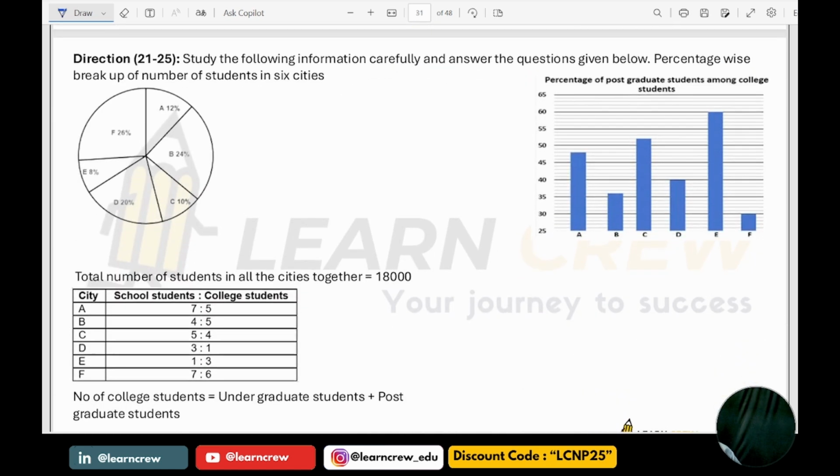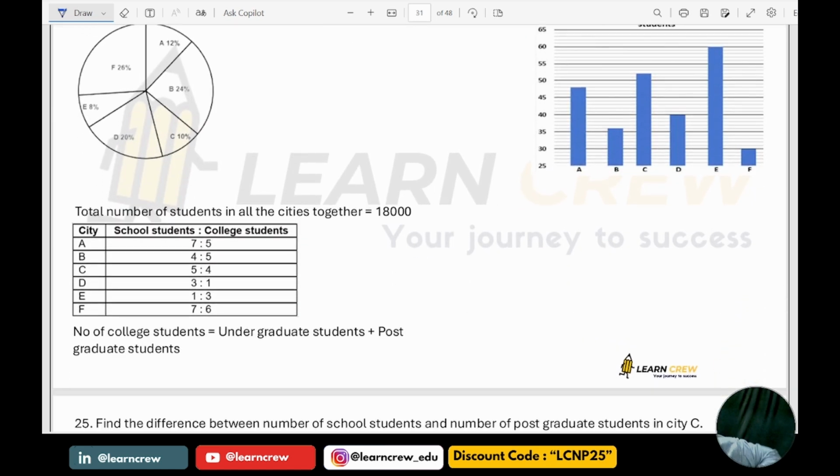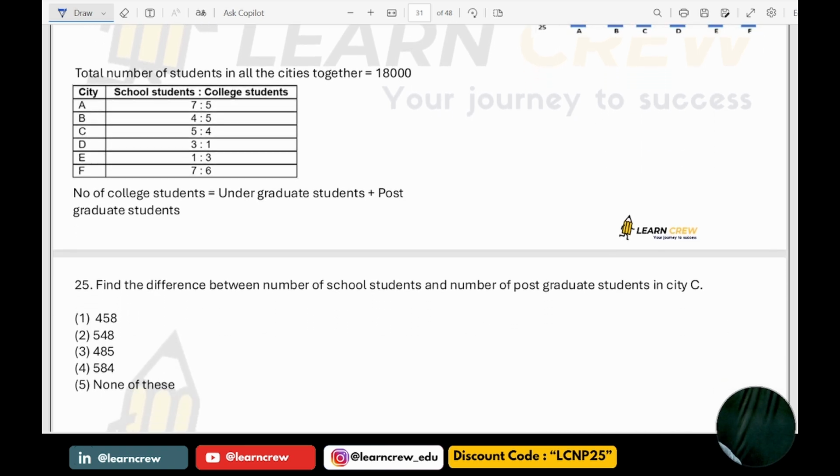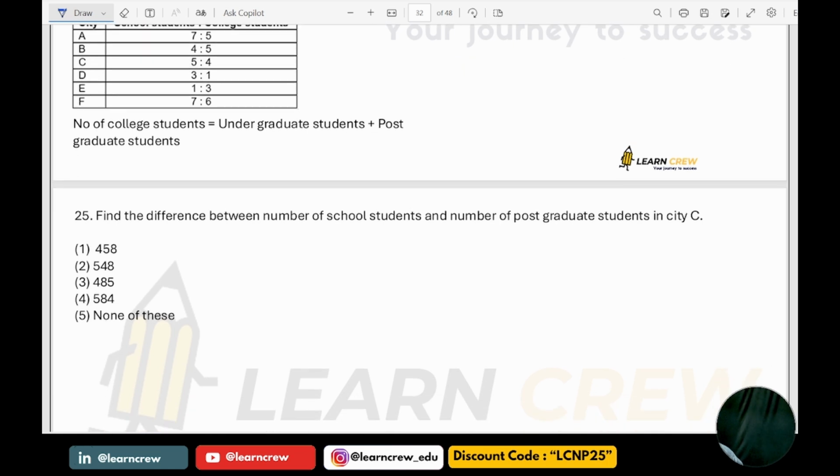Next, question number 25. Find the difference between number of school students and number of postgraduates in city C. Number of school students in C would be 5 by 9th of 1800, which would be 1000.